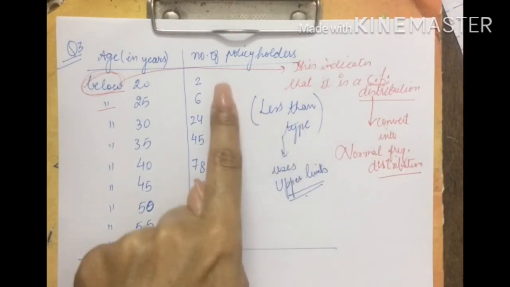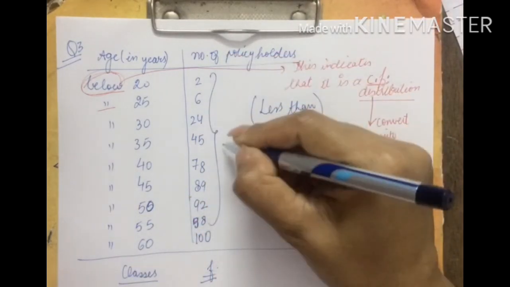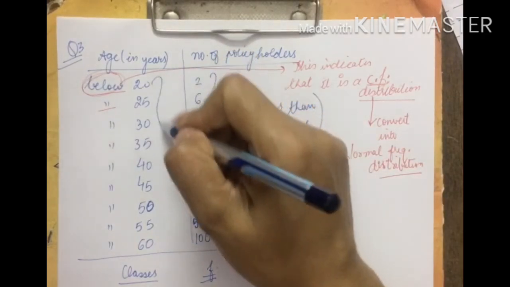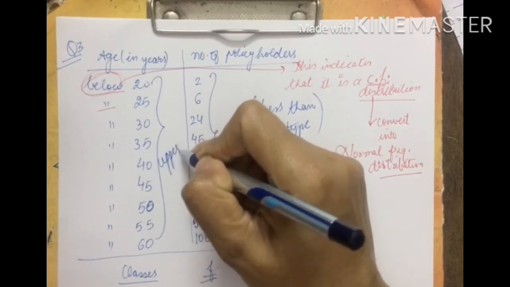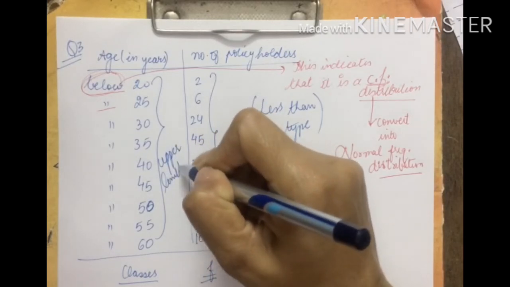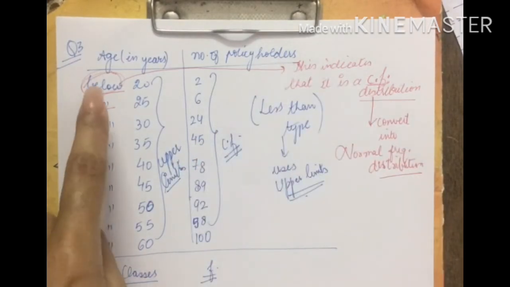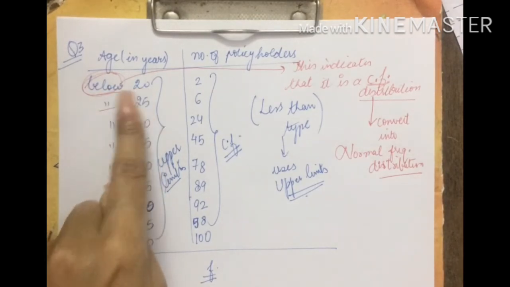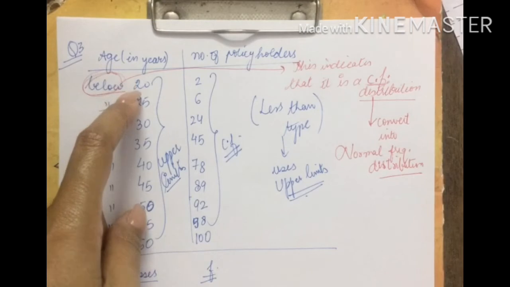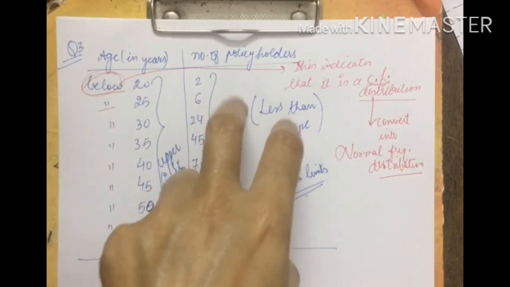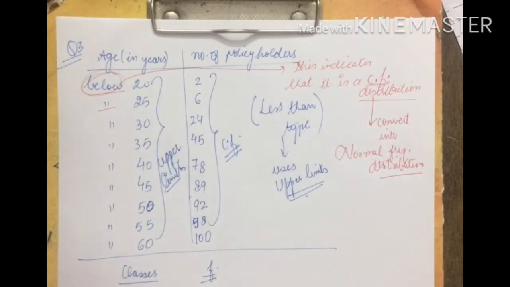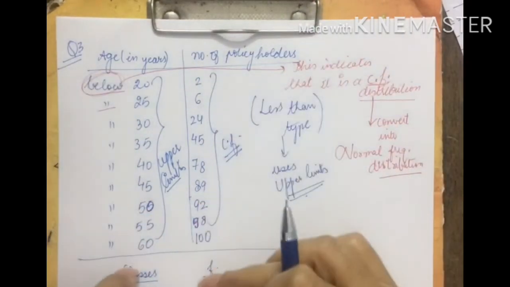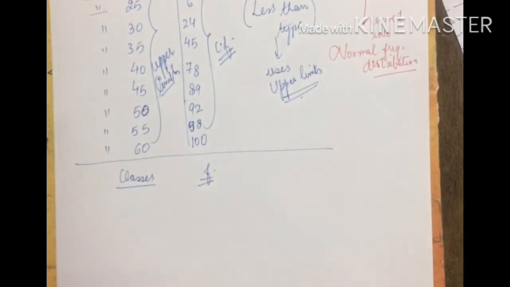This means that these are cumulative frequencies and these are the upper limits. If instead of below it was above or equal to, then these would be lower limits. But on this side we have the cumulative frequencies. Now we shall use these upper limits and cumulative frequency to obtain classes and frequency.